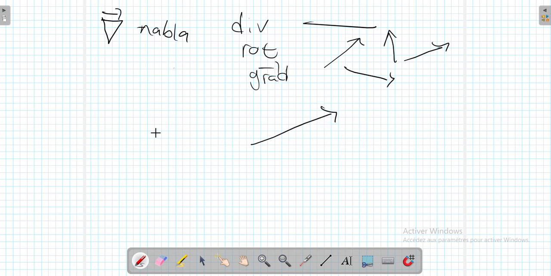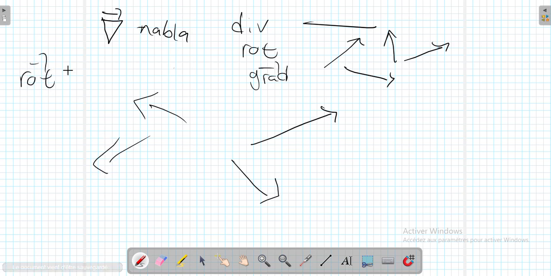So gradient will take a function, find how steep that slope is, and then it will also show you the direction it is taking. Therefore, the rotation of the gradient of, let's say, f, is 0.